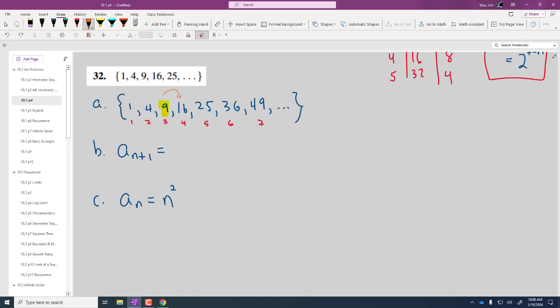If we take the square root of the prior, so we're trying to get to 16, that drops us down to here, and then we add 1, and then we square it. Exactly. That'll work.